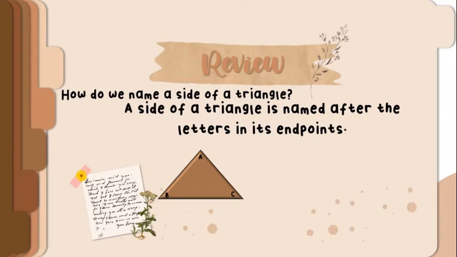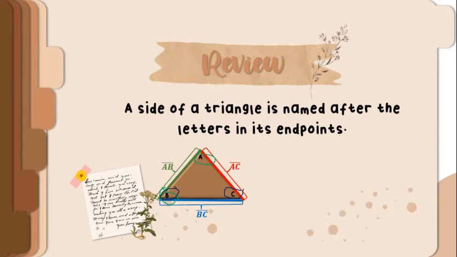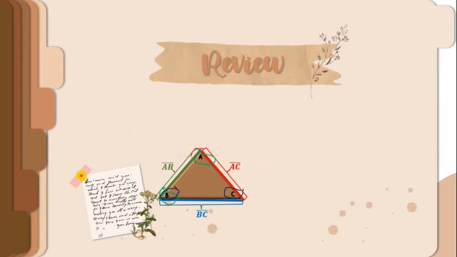In this figure, we have this side, which is line segment AB or side AB because of the letters A and B. And the next side is this one, side BC or line segment BC because of the letters B and C. And the last side of the triangle is line segment AC or side AC, because of the letters A and C.